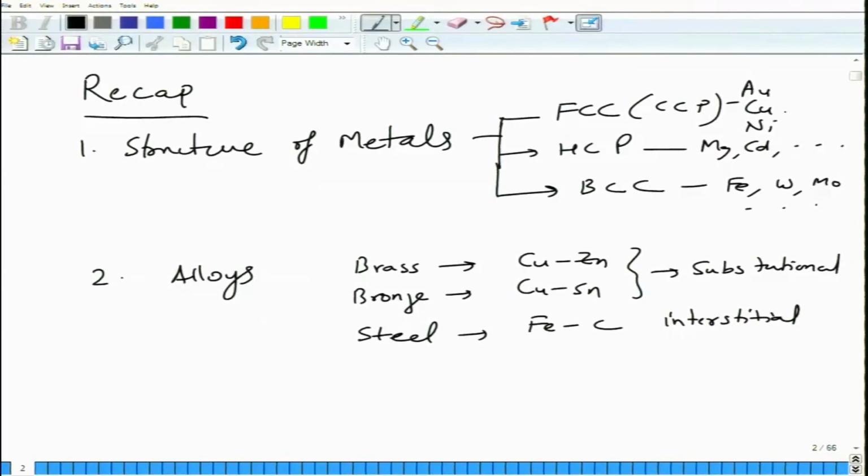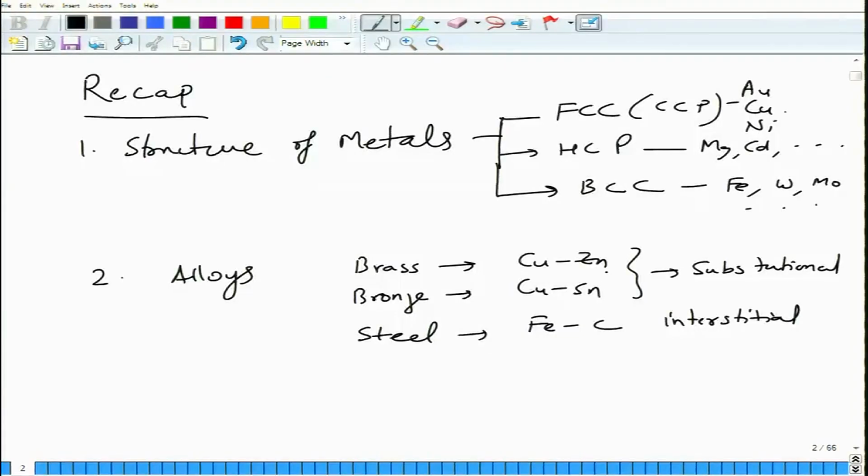So carbon prefers to go to interstitial sites because it's a smaller atom. Whether it's gamma iron or alpha iron, depending upon the temperature, it goes in interstitial sites, whereas zinc and tin, below their solid solubility limit, make a substitutional solid solution.